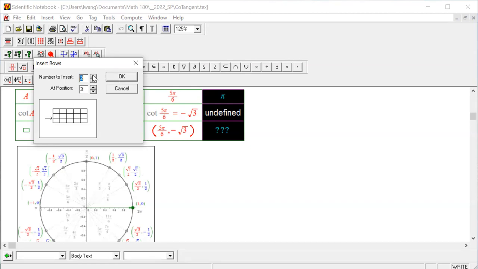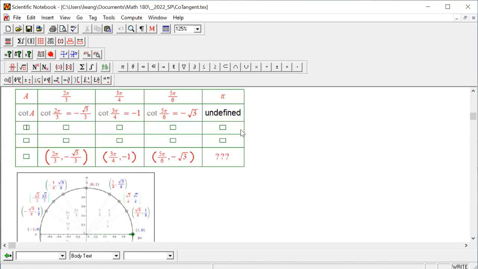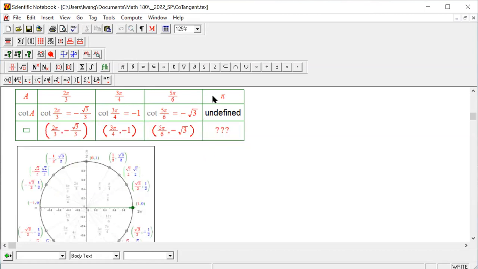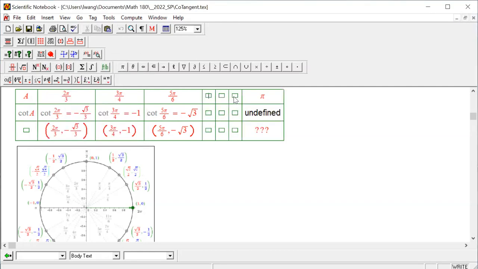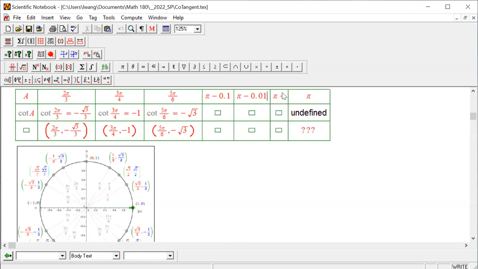Sorry, not a row, columns. I'm going to choose 3 columns. I'm going to choose values which are pi minus a small number, closer to pi. Say pi minus 0.1, pi minus 0.01, pi minus 0.001.